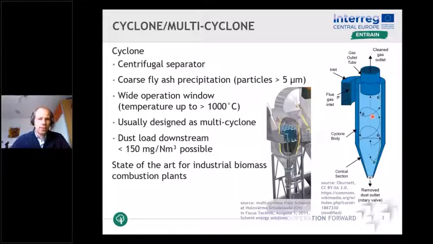This only works for coarse fly ash precipitation with particle diameters of more than 5 micrometers.